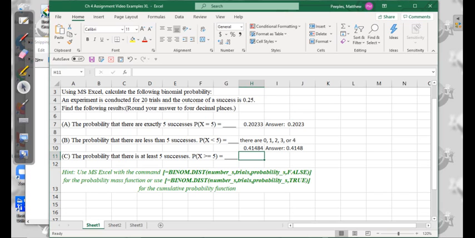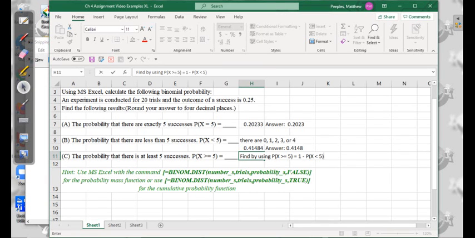But we'll note that the probability here is going to be the exact opposite of what we were told before. That is, if we have a probability that there are less than 5 successes, all of the possible probabilities must add up to 100%. Therefore, we're going to find, by using a formula, the probability that x is greater than or equal to 5, which will be equal to 1 minus the probability that x is less than 5.